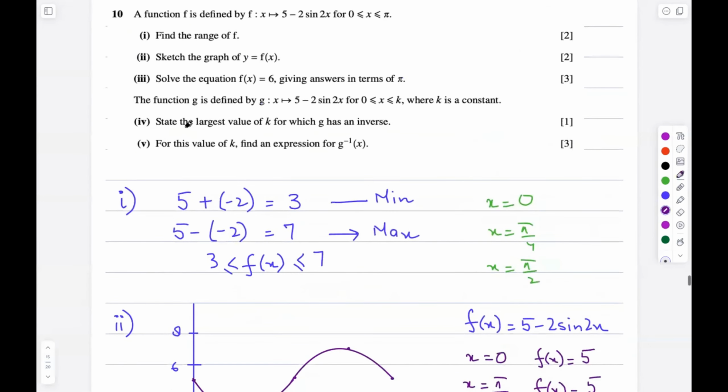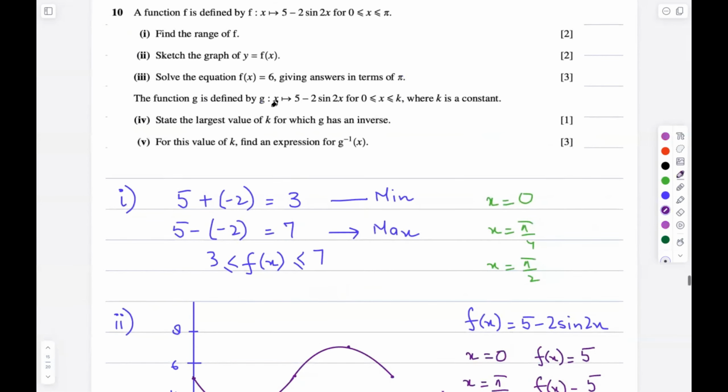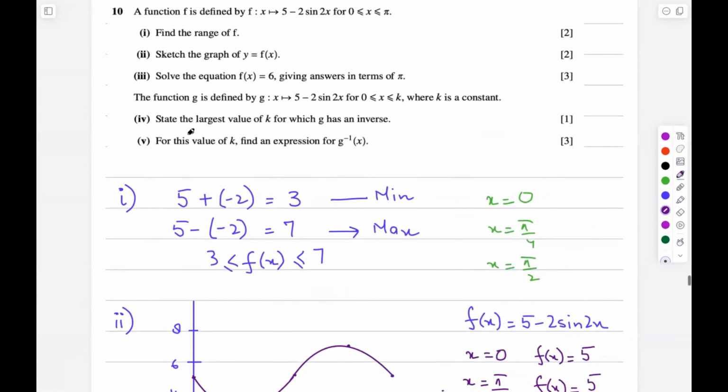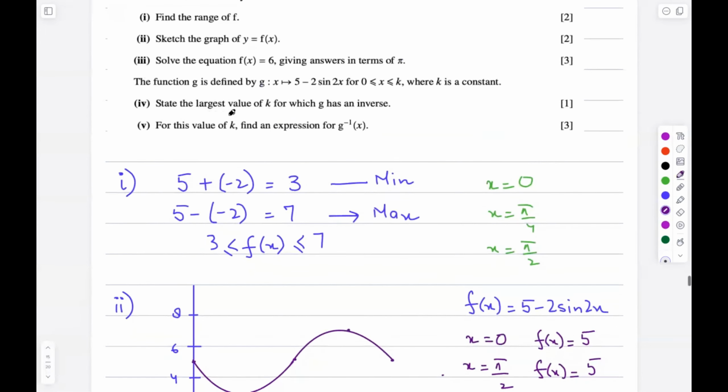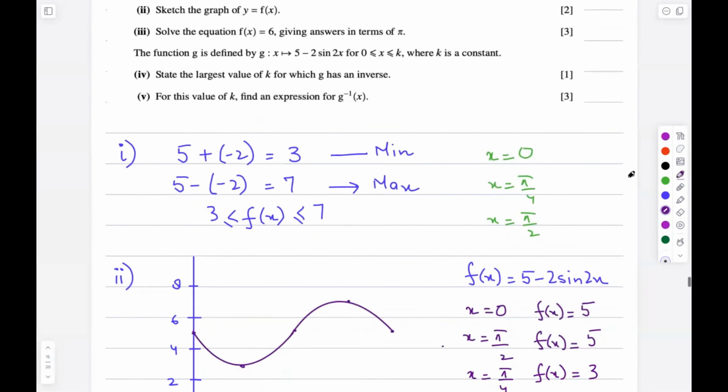Now in part 4, it says that the function g is defined by g of x is 5 minus 2 sine 2x for x from 0 to k, where k is a constant. It is saying state the largest value of k for which g has an inverse.